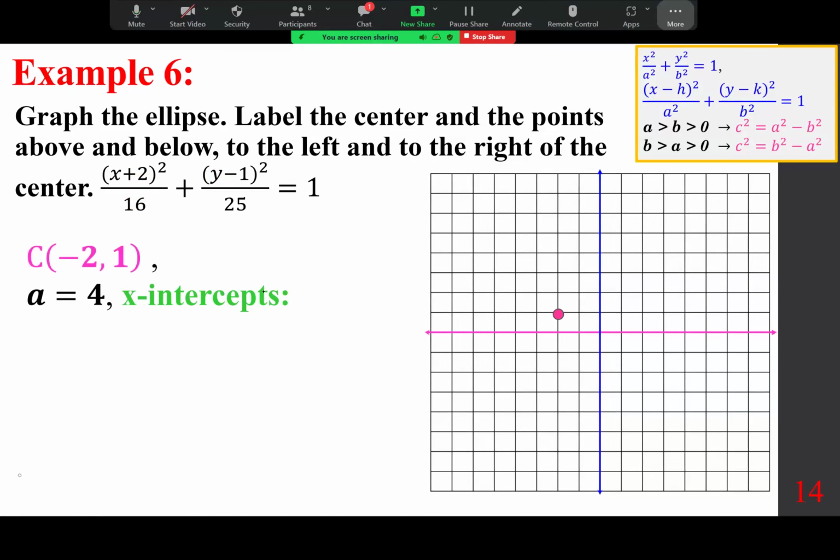And we go back to the center. We go 4 units to the right and 4 units to the left. If I want to go to the left, I subtract 4 from -2, I get -6, 1. If I want to go to the right, I add 4 to it, I get 2, 1. And here are the 2 points.